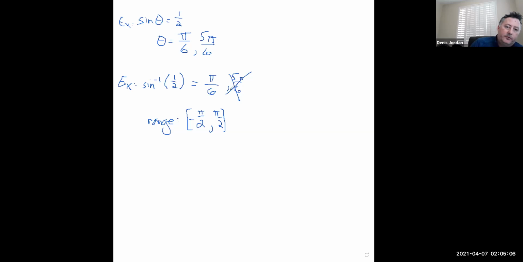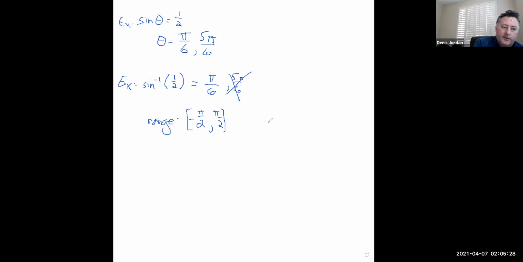Because if you could get more than one, then that violates the condition of an inverse. In order for an inverse to exist, it has to be 1-to-1. So if you're getting multiple answers, that's no longer 1-to-1.